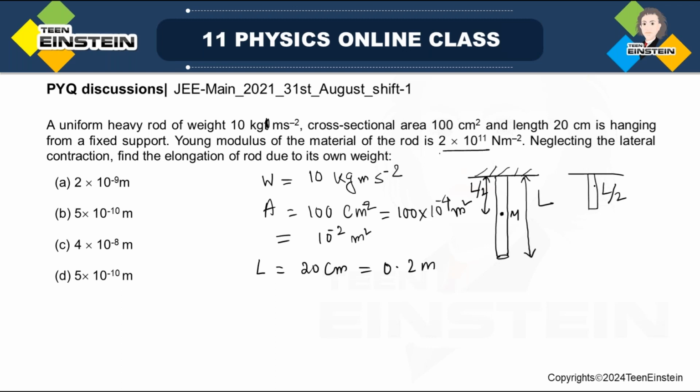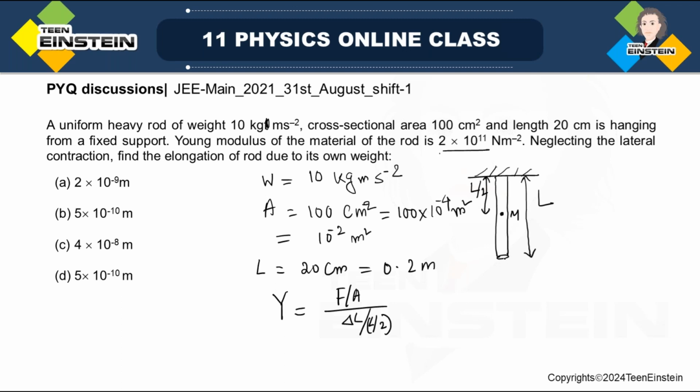Now you have to find out what is the elongation. For that, let me find out the expression for the Young modulus, that is stress by strain, that means force per unit area or force by area that is stress, by strain. Strain is delta L divided by the original length L by 2.